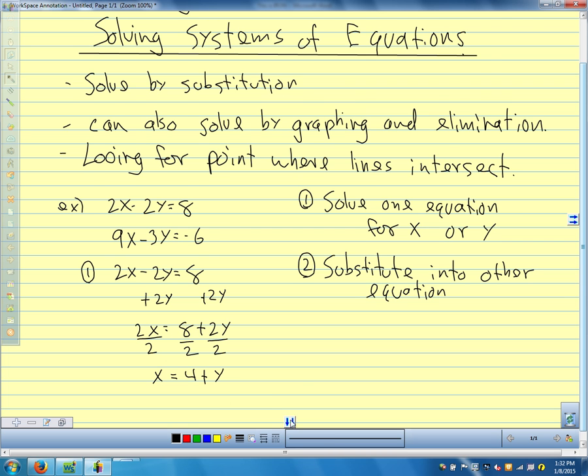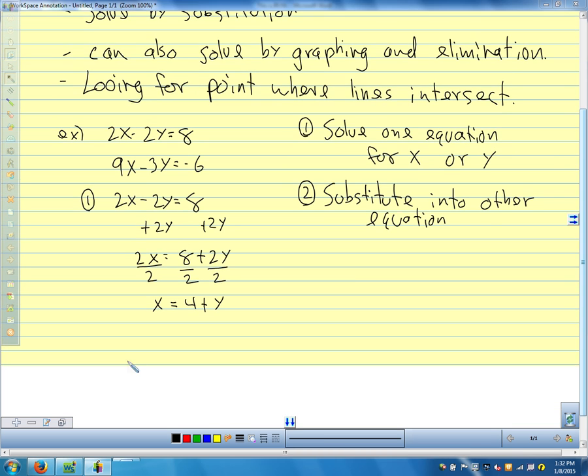All right, so here's step 2. When I say substitute, what I'm going to do is take this, and it says x equals, so I'm going to take this and substitute it right there for x. I'm substituting that into the other equation.